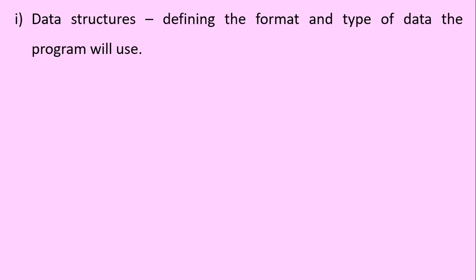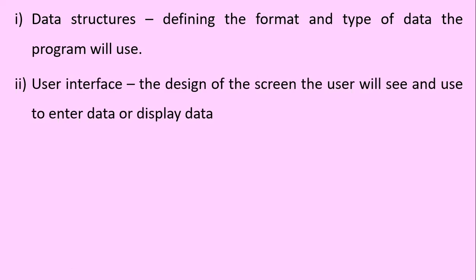Number one is the data structures that will be involved, that is, defining the format and type of data that the program will use. Number two is designing the user interface, that is the design of the screen the user will see and use to enter data or display data.